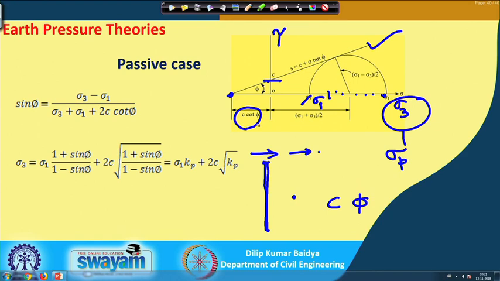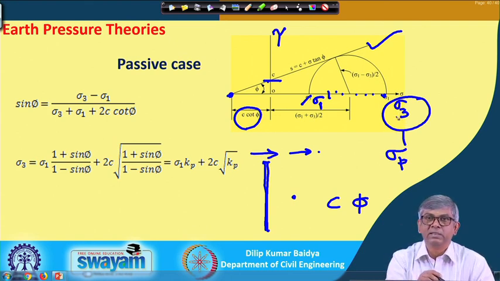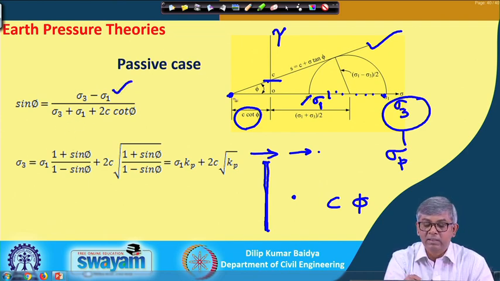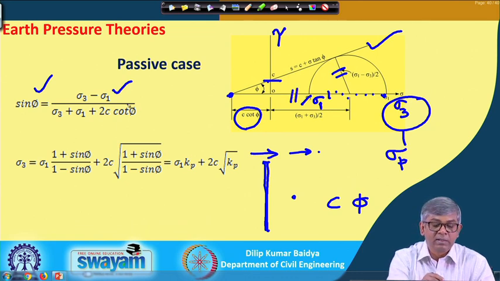So, similar to that, if I do it here, you can see that sigma 3 for this case is bigger. So, sigma 3 minus sigma 1, similar to that if I take this triangle, sin phi will be this divided by this, and if I simplify, I will get this equation.